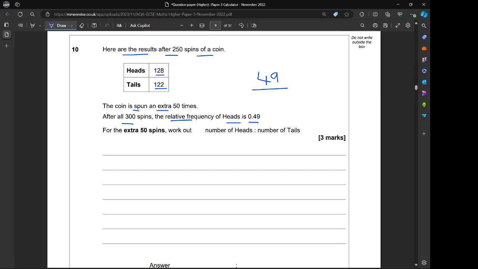So out of 300, times top and bottom by 3 to change it into 300ths. 49 times 3, let's just work it out. That's going to be 27, so 7, carry the 2, 12, that's 147. So the probability of getting a heads is actually this fraction here.